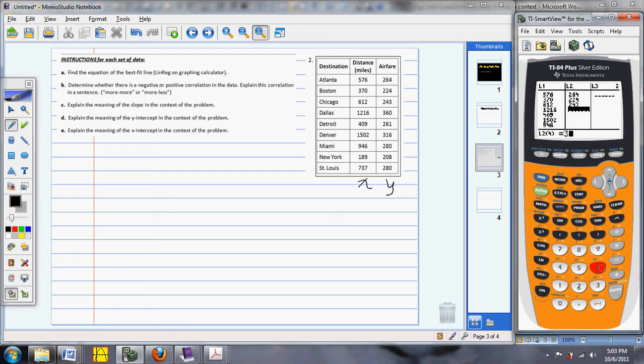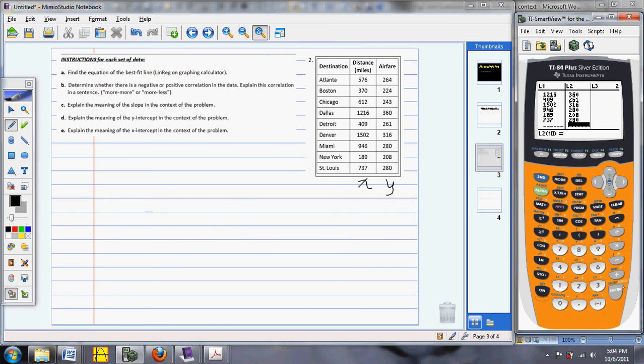If they're not, then you'll get an error message that will say dimension mismatch, or it just won't give you the right equation at the end. So as you're going, make sure you're on the right row and that you haven't accidentally skipped one. And last one, 280.